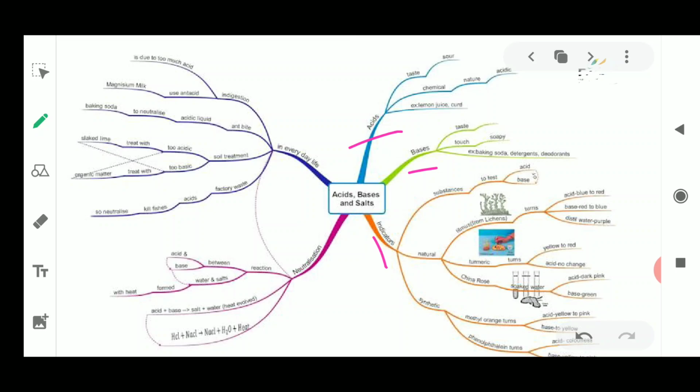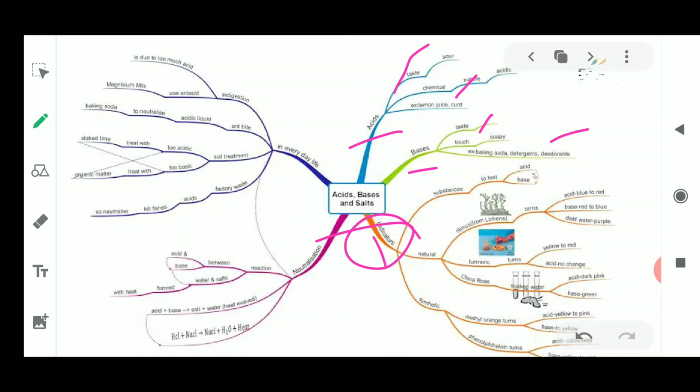For acids, we will discuss its properties such as taste, chemical properties, and the examples. Next, in the base also we are going to discuss the taste and the examples. Then how are we going to distinguish between acids and bases.